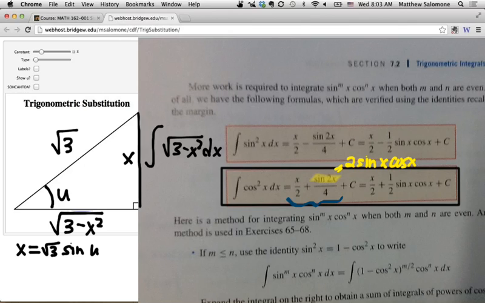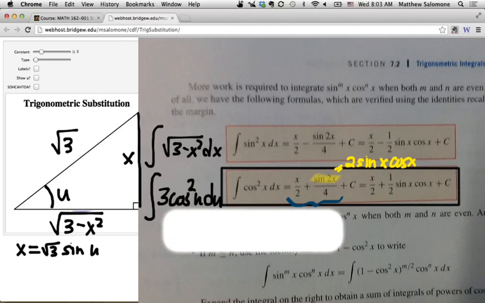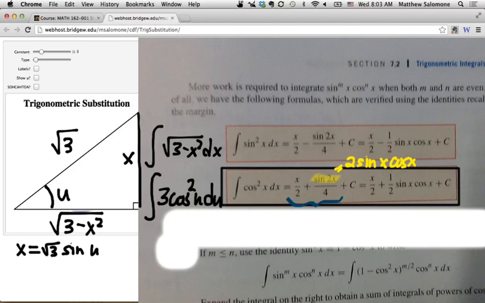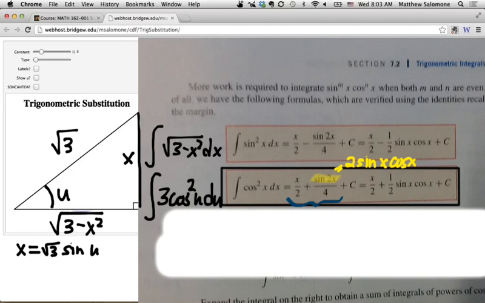And when we make that substitution, this integral became 3 times the integral of cosine squared u. And this formula gave us two different ways of doing that calculus. One of the ways expressed this antiderivative in terms of the sine of 2u, which is valid, except it's not as useful as we might like.